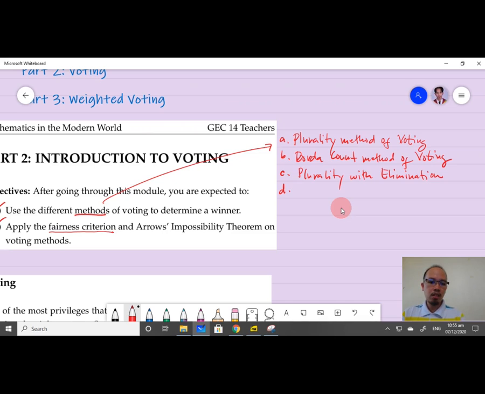And finally, letter D, we will be discussing the pairwise comparison voting method. These are the 4 methods that we will be discussing in this lecture.